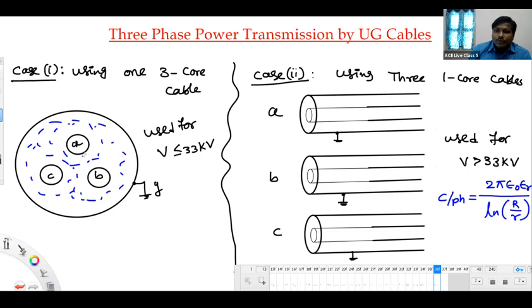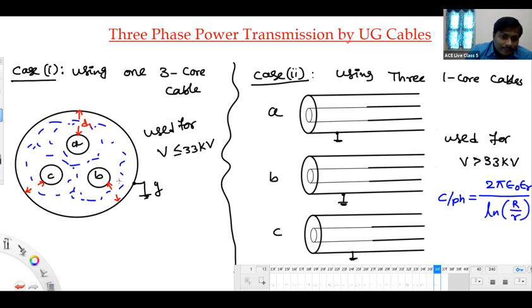This cable, what we have shown here, is a type of symmetrical cable. Kindly observe my words. Symmetrical cable in the sense that the distance from A to sheath, from B to sheath, and from C to sheath, these three are equal. Let's say it's D1.